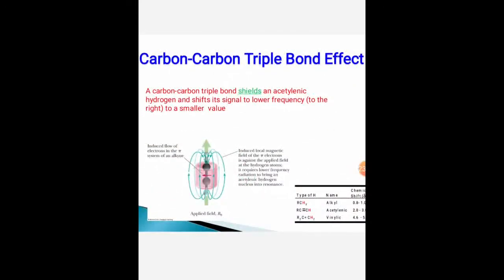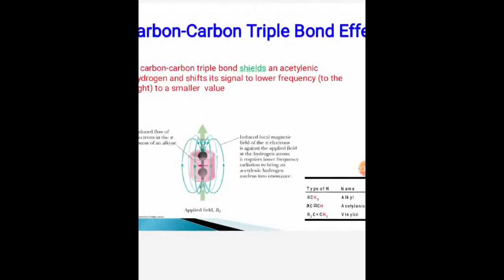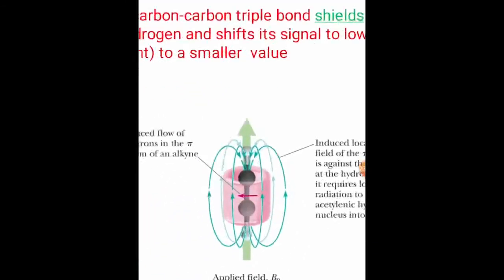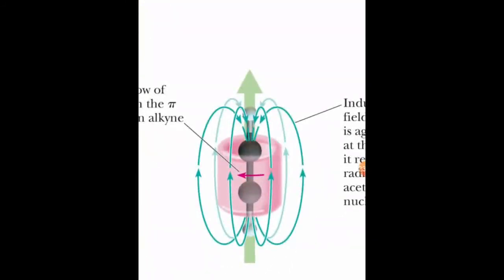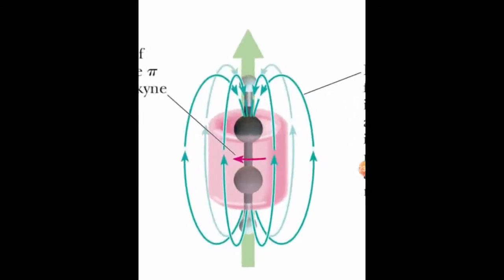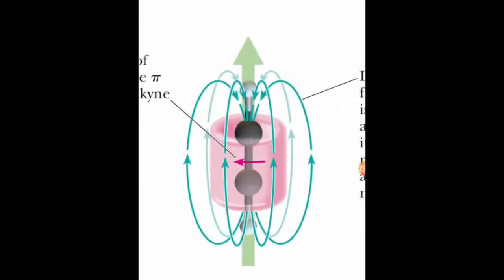Let us compare this ethylene with the acetylene proton. See here in acetylene, the 2 hydrogen atoms come in the shielded zone, where the induced magnetic field opposes the applied magnetic field.